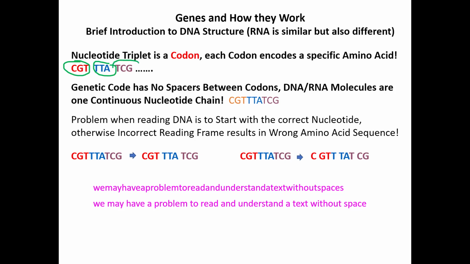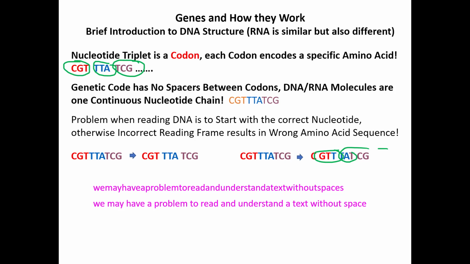Now if I change the reading frame, the way I read the sequence of nucleotides during gene expression, I end up reading the nucleotides in the wrong order, and then of course I assemble a protein from the wrong amino acids, which will result in something that will not work.